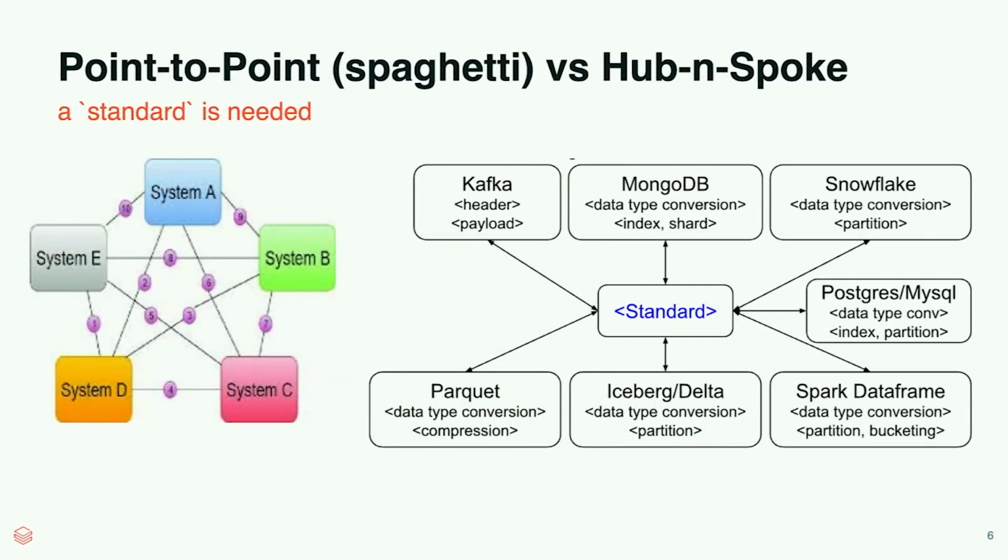So now, let's talk about one of the thought processes, how to address this. One is on the left, we call it point-to-point. It's like you build a translation system, say Oracle to Iceberg, right? Then you build another one called MySQL to Delta.